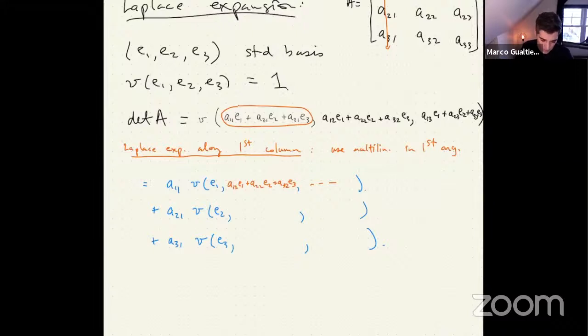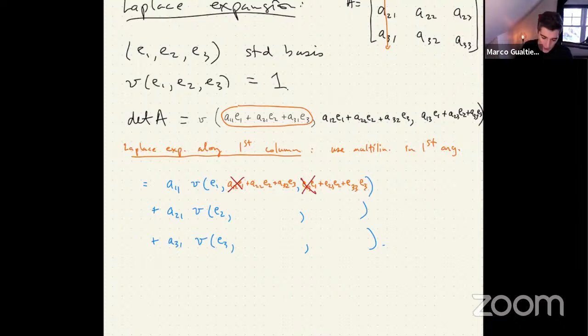So I can forget about the E1 parts. The E1 components are unnecessary to list there.